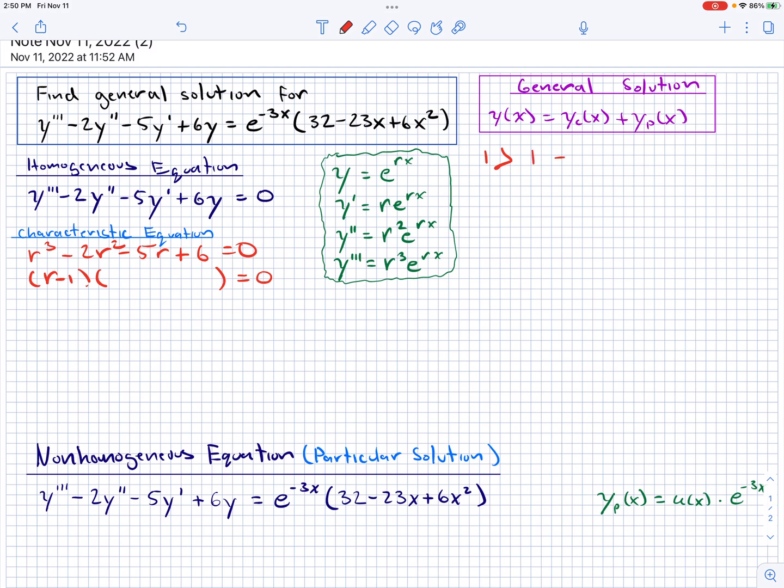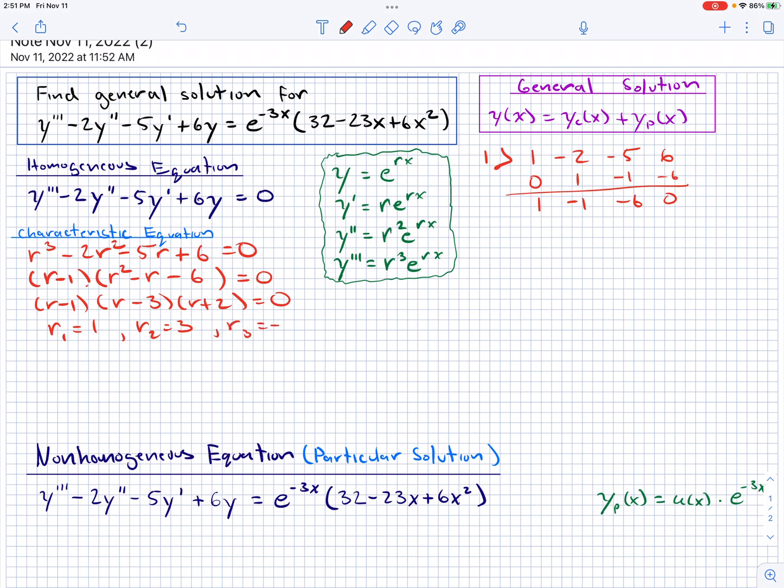Using the coefficients, we can show that it factors, and the coefficients of that polynomial will be r squared minus r minus 6, and that fully factors to r minus 3 times r plus 2 being equal to 0, which gives us three values: r1 equals 1, r2 equals 3, and r3 equals negative 2.